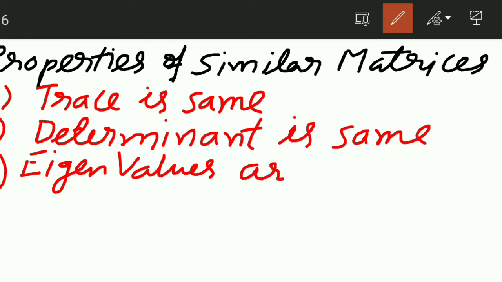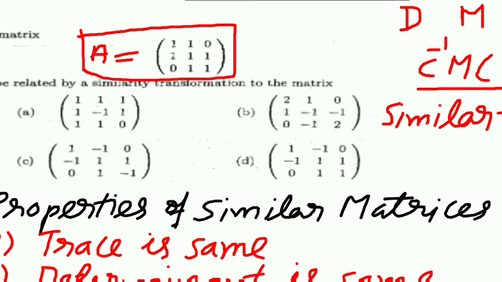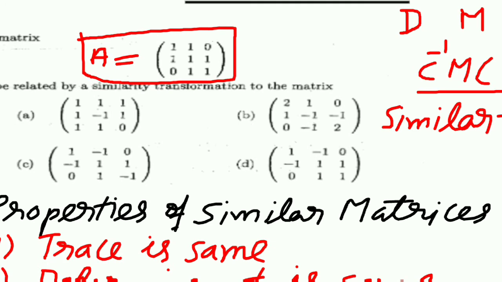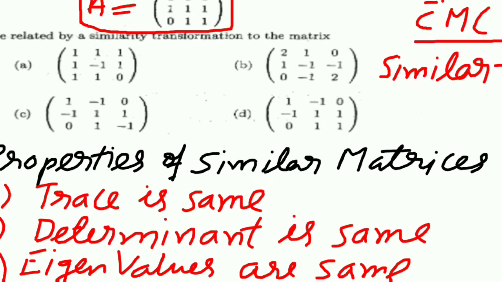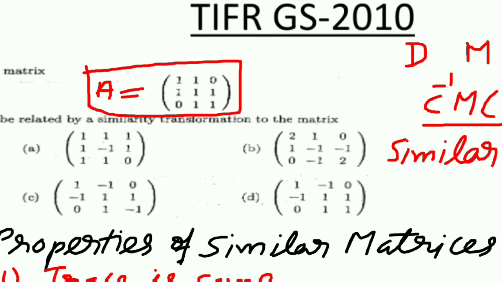And the fourth one is that the rank is the same. So if any of these four matrices has these properties similar to matrix A, then we say that these are similar matrices.